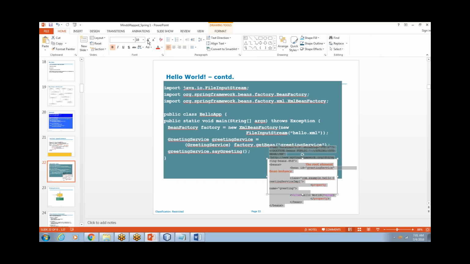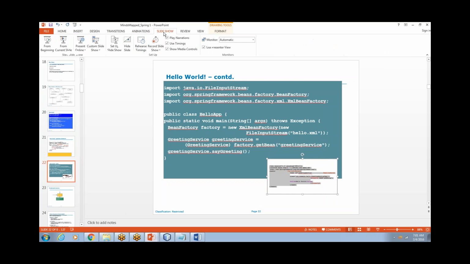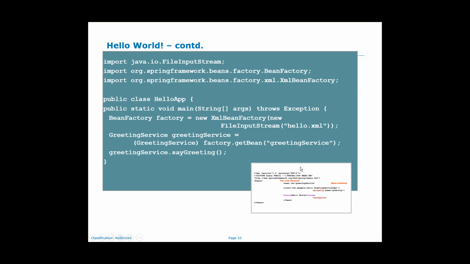Let me decrease the size because we have already discussed what is there inside. This is your hello.xml file, the file you have written which contains all the information related to the bean. So this hello.xml file should be passed as an argument. So your bean container will read the XML file and then it will create the objects. Clear with this? Yeah.